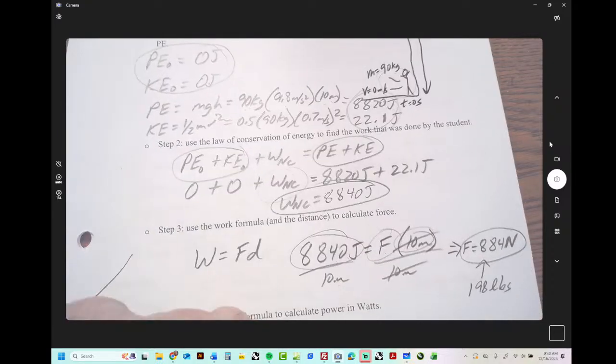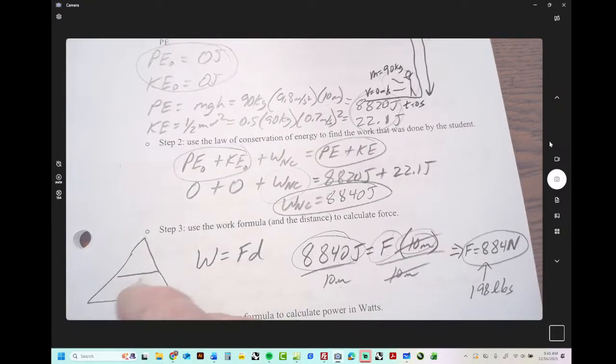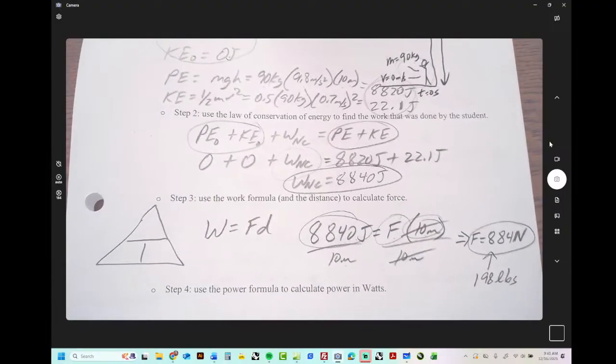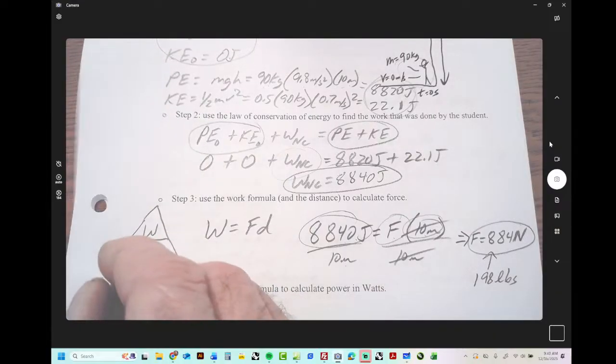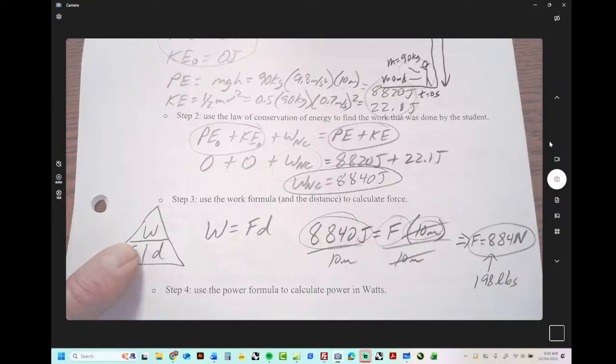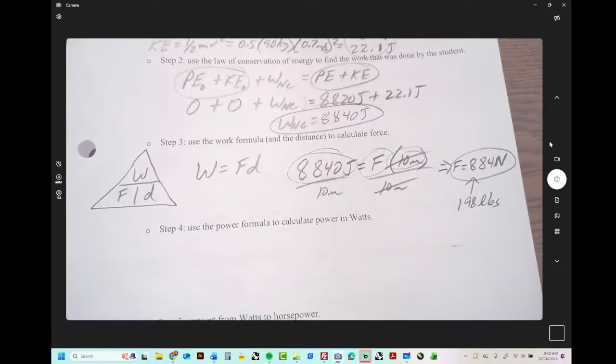If you wanted to not think about doing the same thing to both sides of the equation, you could just put this in the triangle like that. And if we're solving for force, then it's just work divided by distance. 8840 divided by 10.